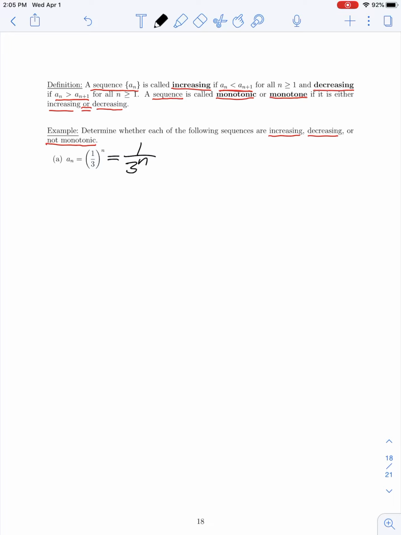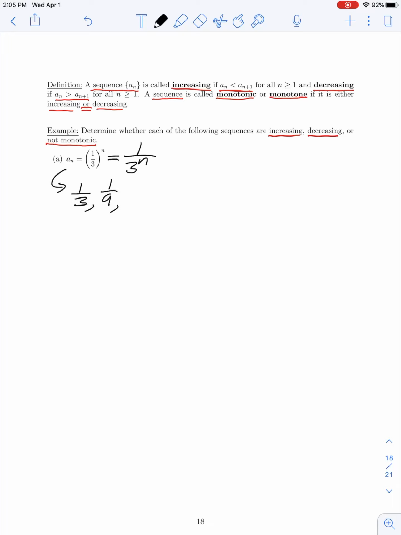Or if we prefer, we could rewrite it as 1 over 3 to the n power. I claim that this sequence will be a decreasing sequence, and let's see if we can establish why.